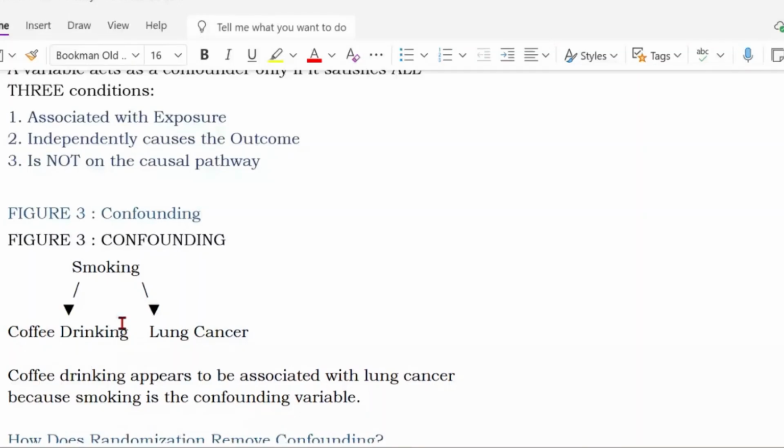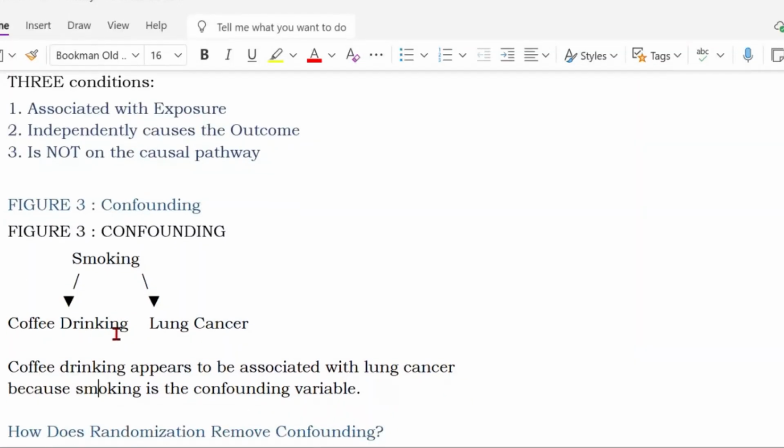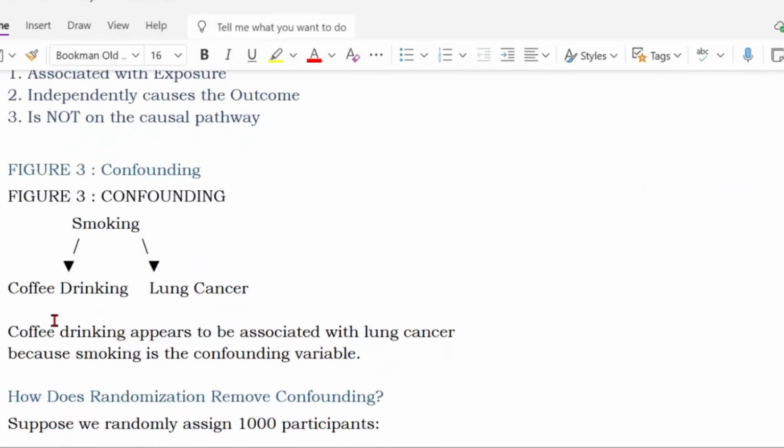Coffee drinking appears to be associated with lung cancer because smoking is the confounding variable here. Smoking is associated with both. So when we want to establish the link between coffee drinking and lung cancer, smoking can be a confounder.